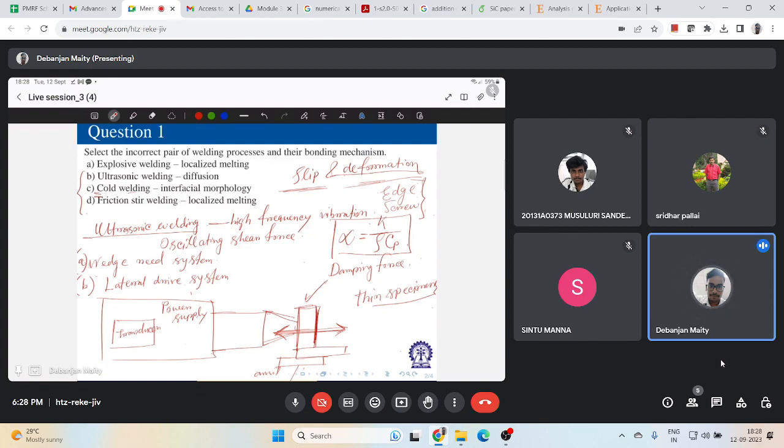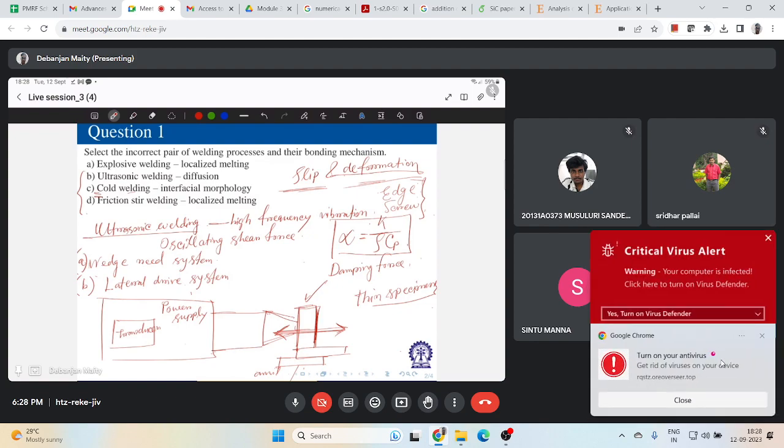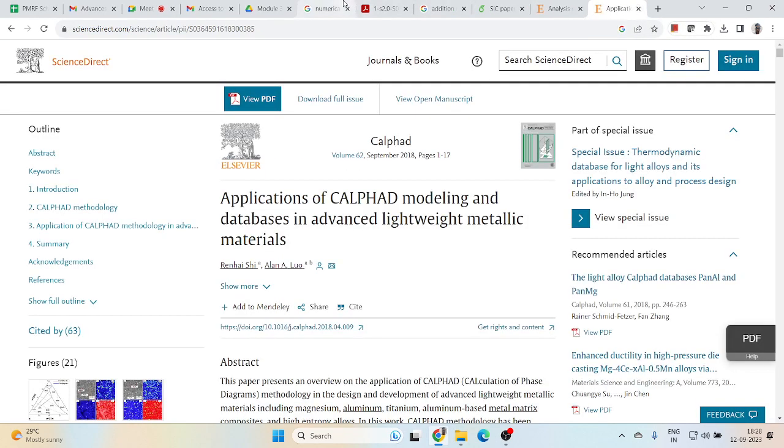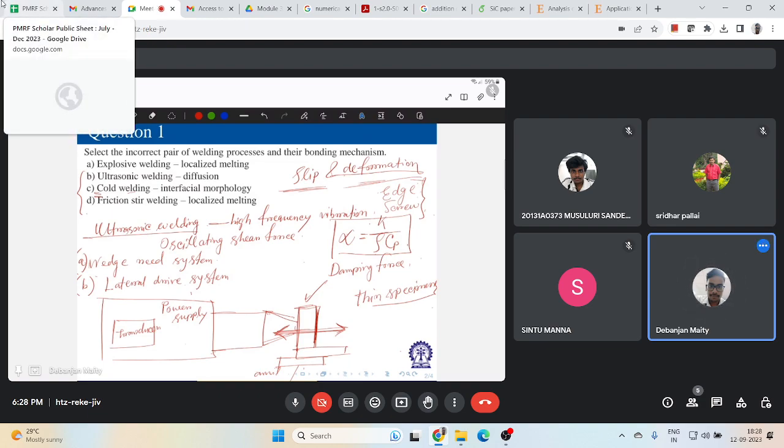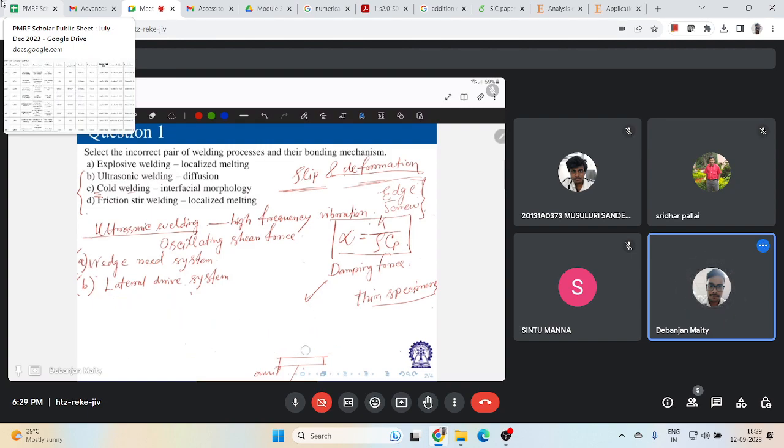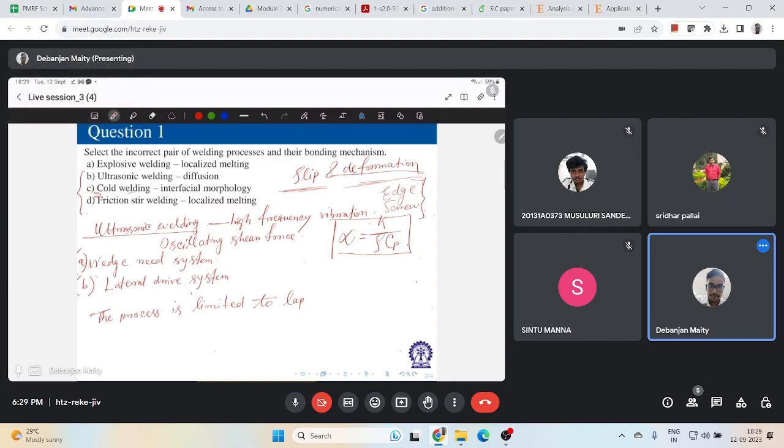And the main disadvantage of ultrasonic welding is that the process is limited to lap joints only.